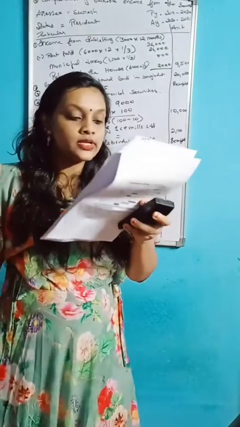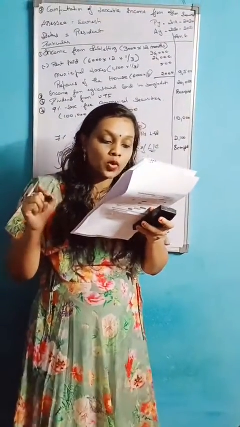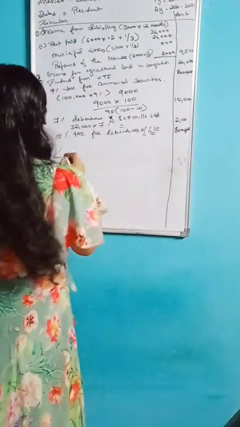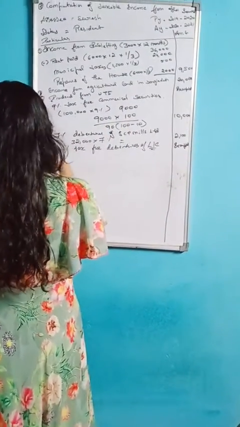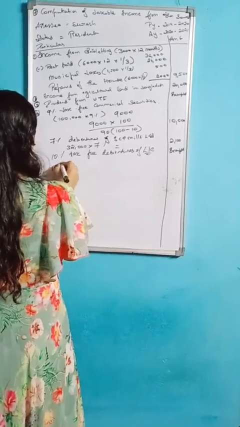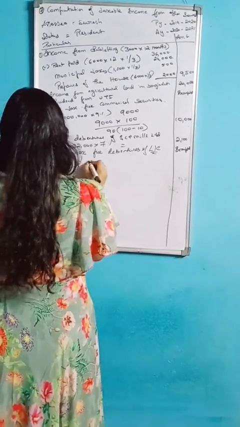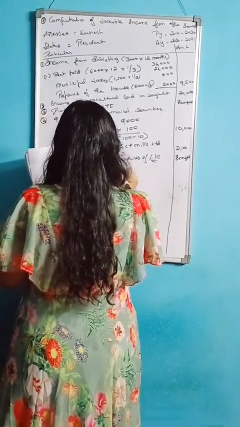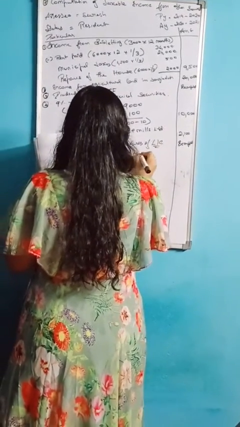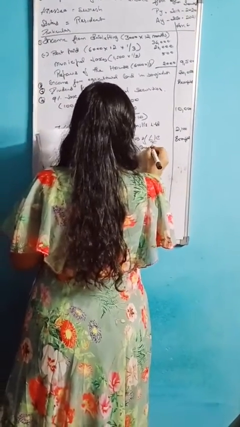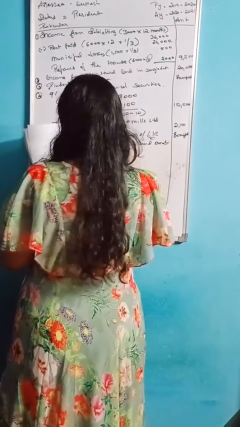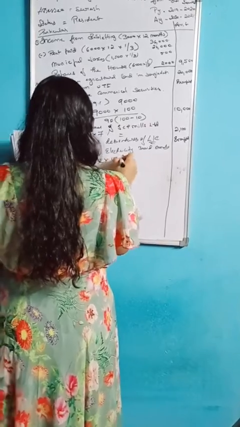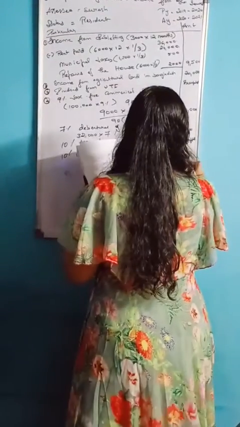Next, 10% UP State Electricity Board bonds, that is rupees 10,000. So here 10% UP State Electricity Board bonds, that is 10,000 into 10%, you will get 1,000.